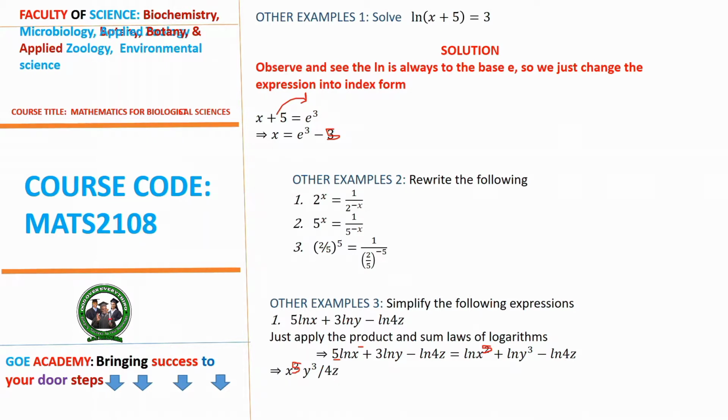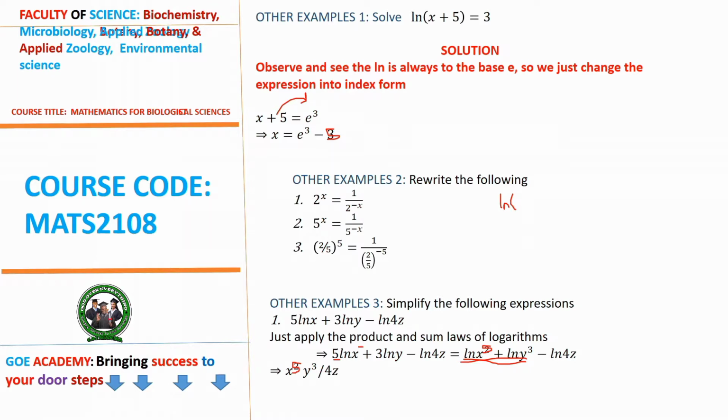So what have I done here? Observe that this is the product rule of ln or log. There was a lot of typing error here, so please let me just solve it up here. We have ln x raised to the power 5 plus ln y cubed. Since it is addition, that means it's multiplication.